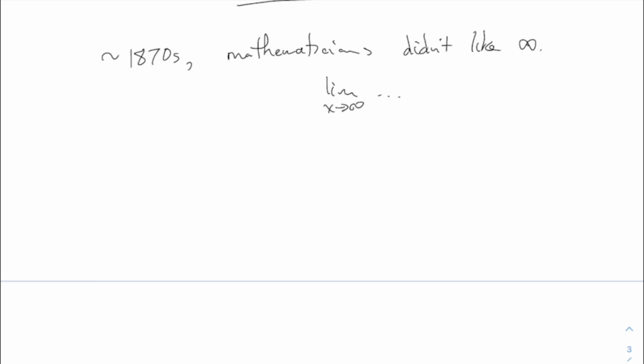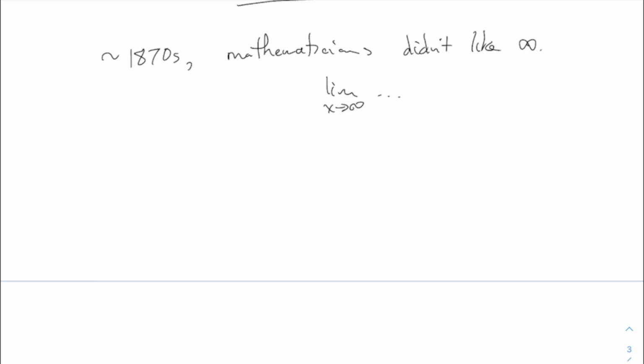And when I write this, x approaches infinity, actually x is not approaching any specific thing, it's growing forever. So this right here is just a notation which means x grows forever. It doesn't actually mean that it approaches something. So mathematicians at that time thought of infinity as an unapproachable idea, and they never talked about infinity as a concept by itself.